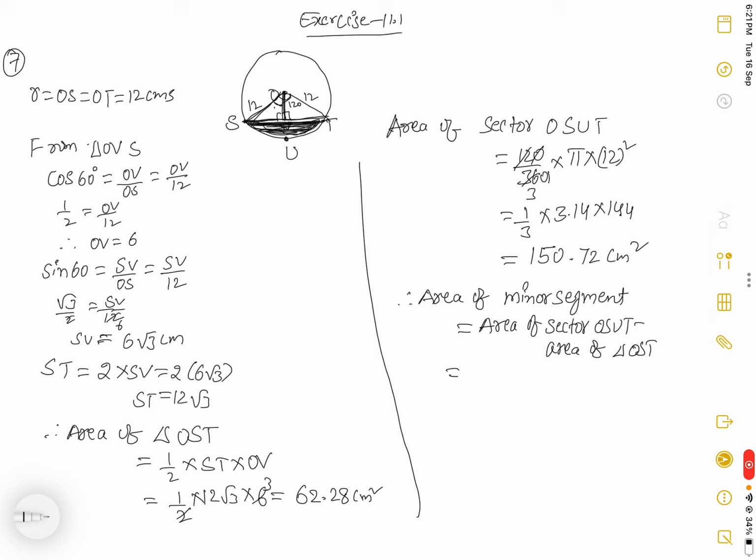We know the value: area of sector is 150.72 minus area of OST value 62.28 centimeters.